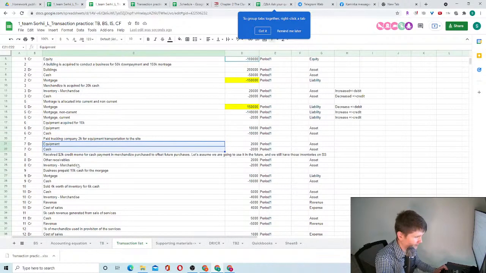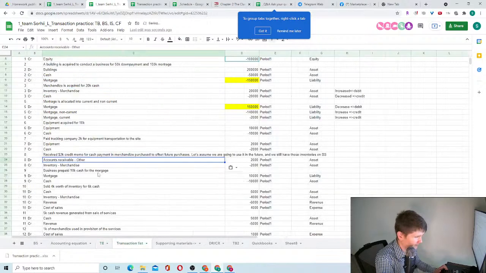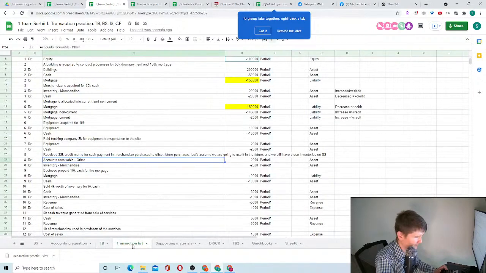Okay, equipment, cash, other receivables, 2,000. Let's see if we have that one. Okay, we have a different name here, accounts receivable other. So let's use this name. And our difference goes down to 4,000.